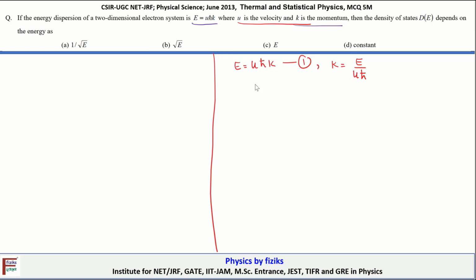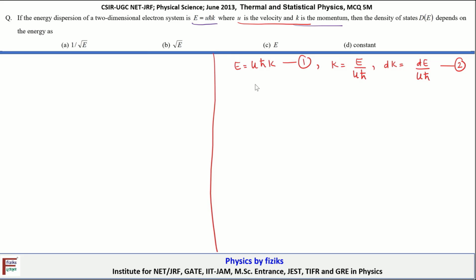I can also write the expression for dk, because we need these quantities for the further evaluation of the density of states. So dk is equal to dE upon u h cut. Here u is a constant, and h cut is also treated as a constant. Let me call these two results equation 2.